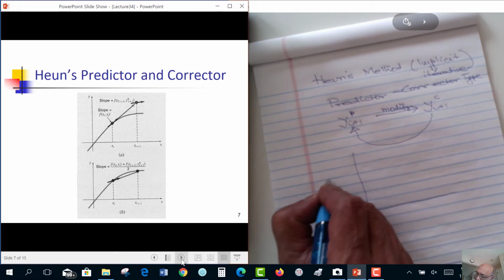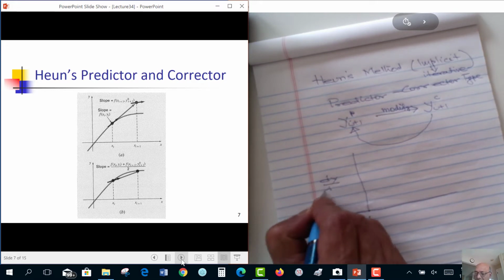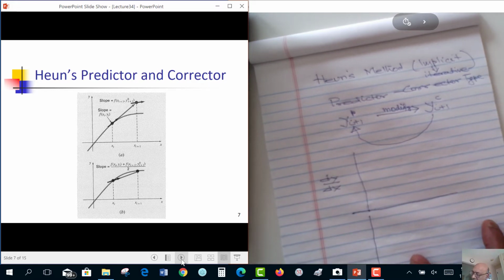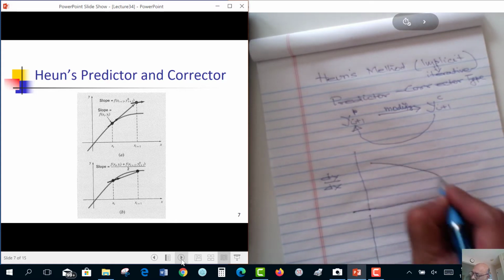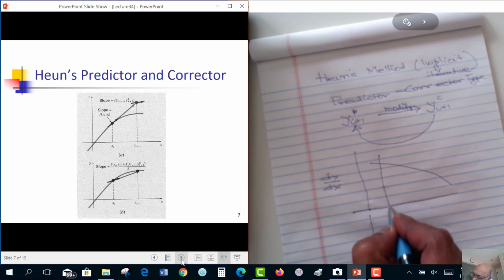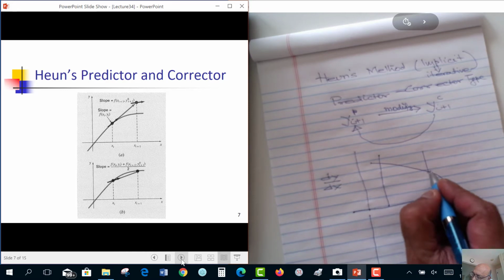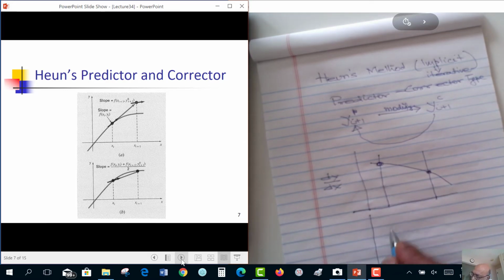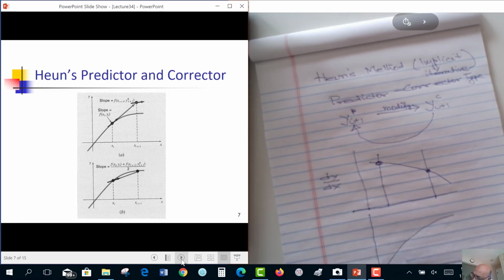Okay, so here is our dy/dx. Remember, we want to find the area, the strip area. And this is our y curve. At x_i, we know y_i.